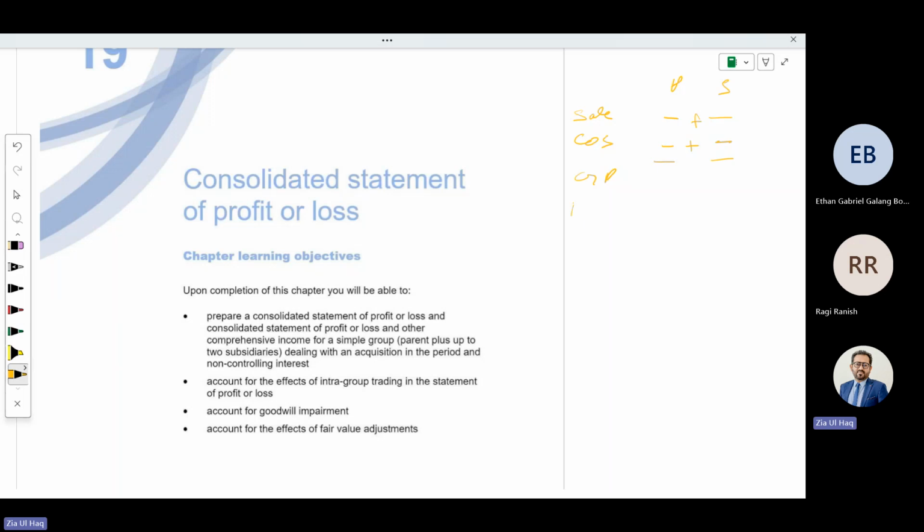From GP, the other expenses given, we will add both. We will calculate profit before tax, and from profit before tax we need to deduct the tax.